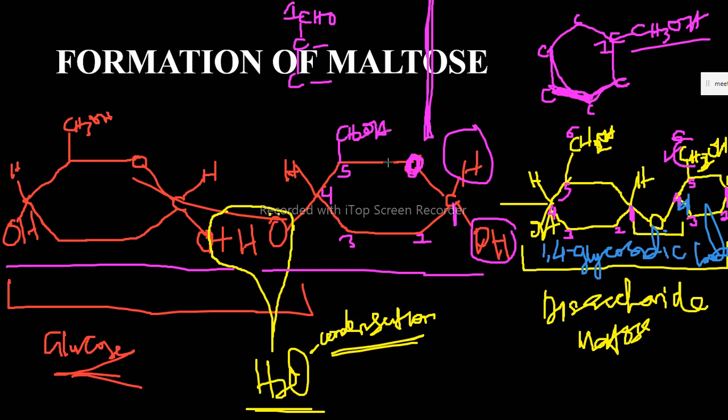The same applies to this one: carbon 1, carbon 2, carbon 3, carbon 4, carbon 5, and carbon number 6. So if this carbon here condenses with this carbon, then the bond that is going to be formed is 1,4, because it's between carbon 1 and carbon 4. Hyphen glycosidic bond.